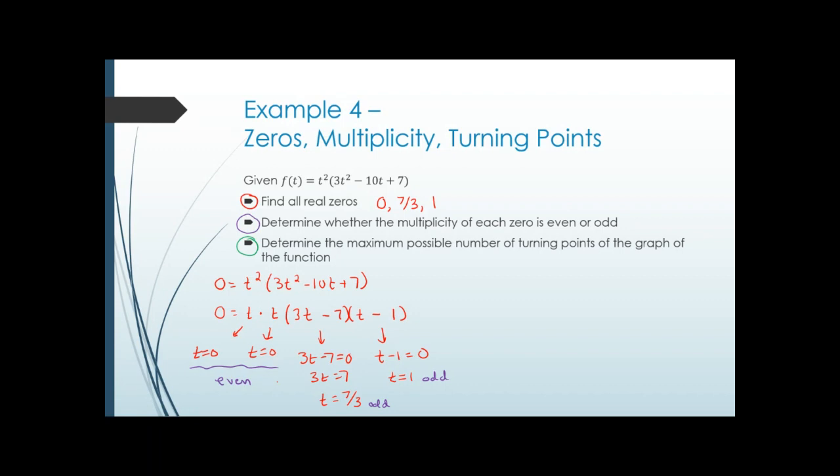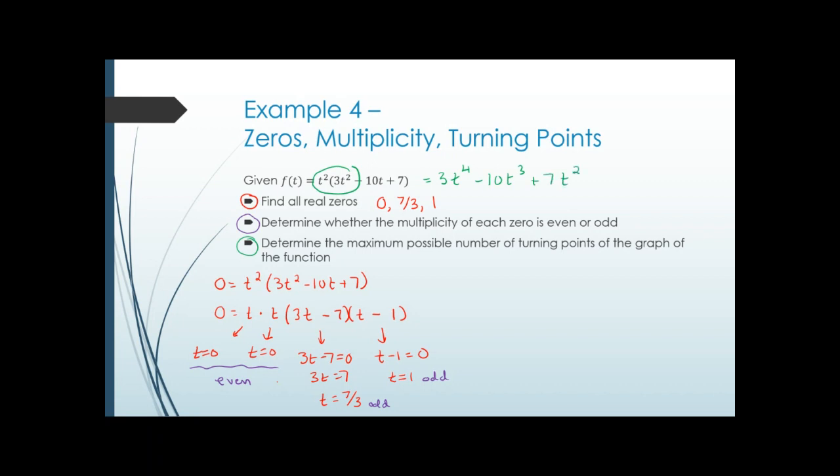Lastly is to determine the maximum possible number of turning points of the graph. So when we solved, we got 4 numbers here. Our degree here is 4. You can also see that because if you multiply this through, you would get 3t to the 4th minus 10t cubed plus 7t squared.